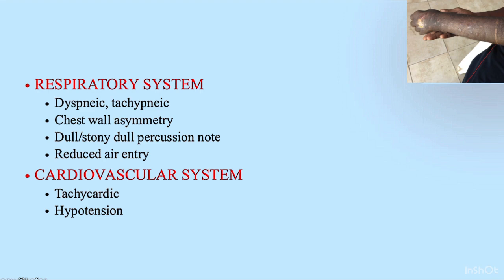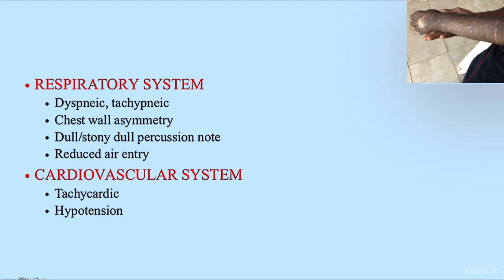Then, based on the surgical site and where the infection is occurring, if it's following a thoracic surgery, patients might come down with dyspnea. If there's a pus accumulation within the thoracic cavity, the patient might be dyspneic and tachypneic, there'll be chest wall asymmetry, percussion note dull or stony dull, and there's reduced air entry.